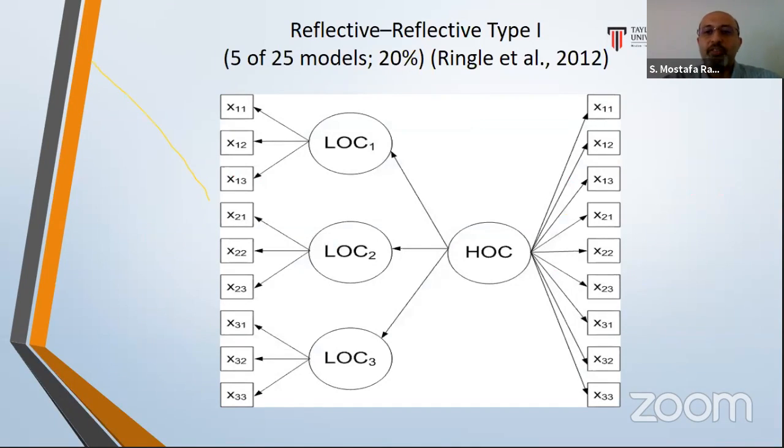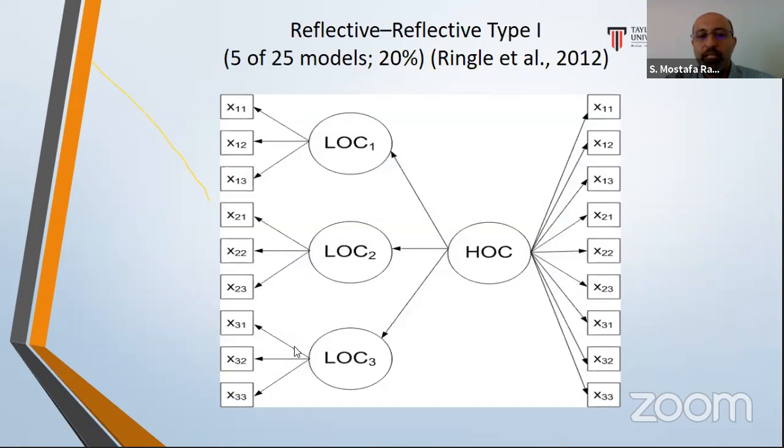The first type of higher order construct, better to say second order, and one of the common types of second order construct is reflective. This is based on a study of Ringle et al. 2012. Actually, they categorize different types of second order construct in 4 categories.